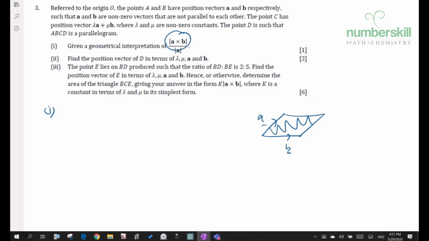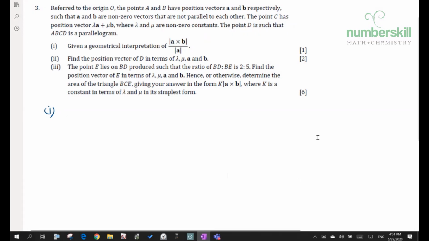A cross B cap mod refers to this length, which is not the length of projection, but the vertical length, if you like. You must have this kind of immediate relation to see what A cross B actually means, not just being able to do the cross.